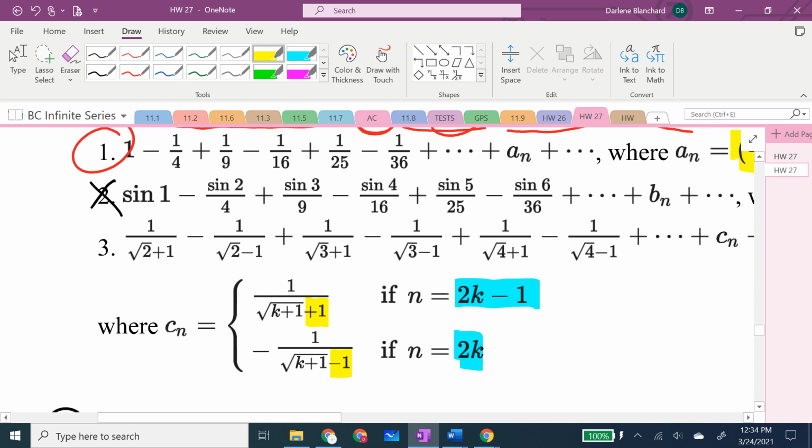It does not strictly decrease. To use alternating series test, that has to be decreasing when I take the absolute value, and it is not. I cannot use alternating series test to determine its convergence.